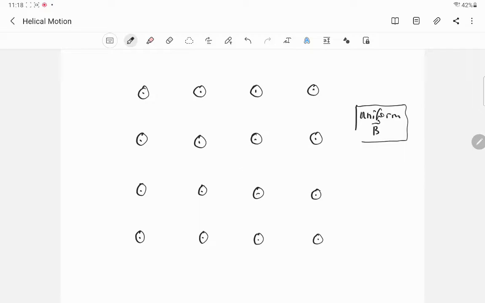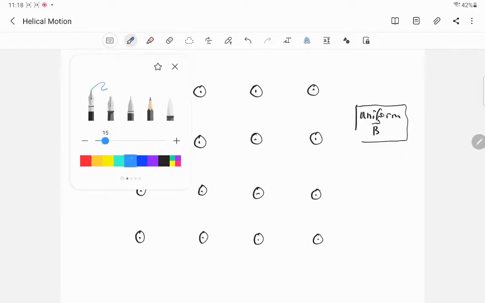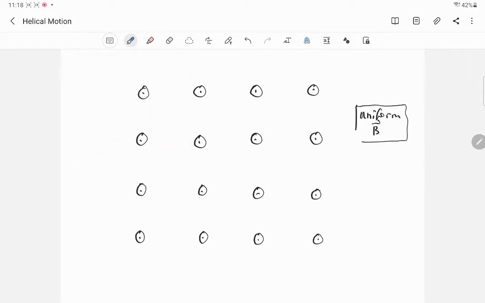Of some strength in Teslas, right? Now let's imagine, for simplicity, the way a positive charge would move under the influence of this field.